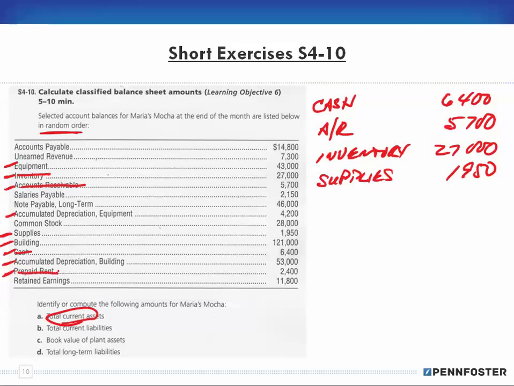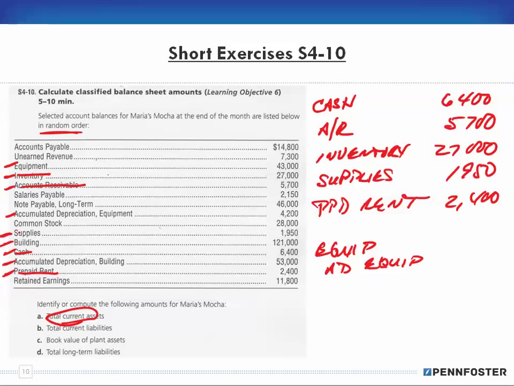And prepaid rent for $2,400. Okay, so that's current. Then after that, when you're listing things in order, we would have equipment next. And then, of course, accumulated depreciation for the equipment.